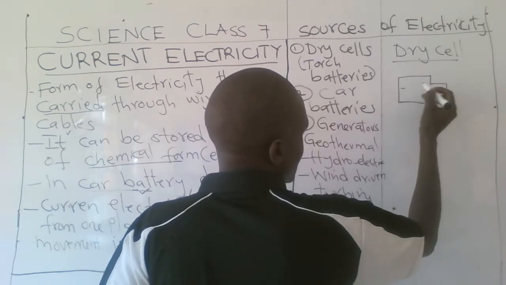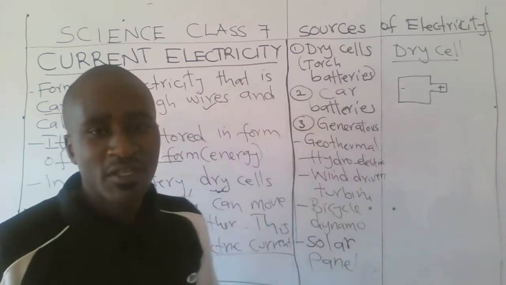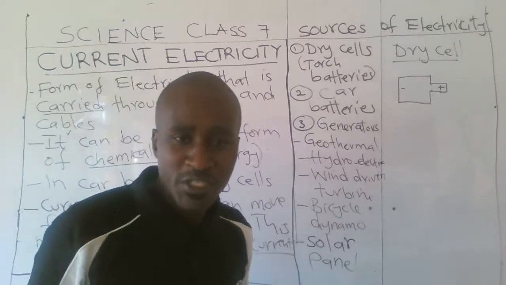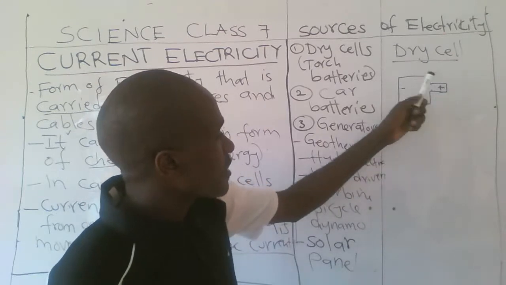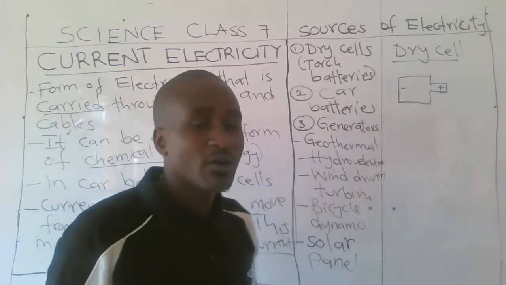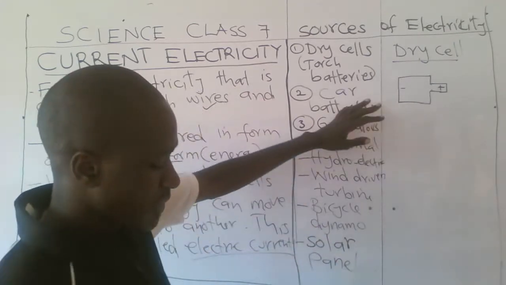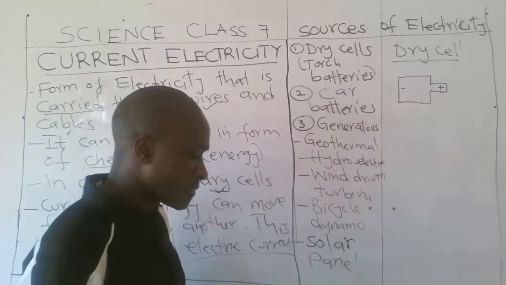A dry cell has a negative and a positive charge. So it must have a positive terminal and a negative terminal.